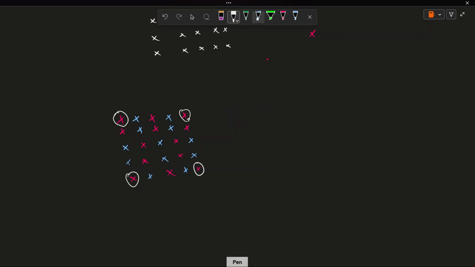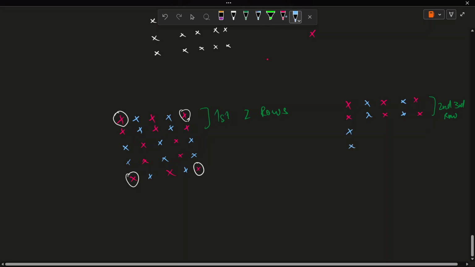The next case is that this structure is already generated, and we now suppose that these are the second and third rows. Continuing in the same approach, these bottom two rows will be fixed as earlier.